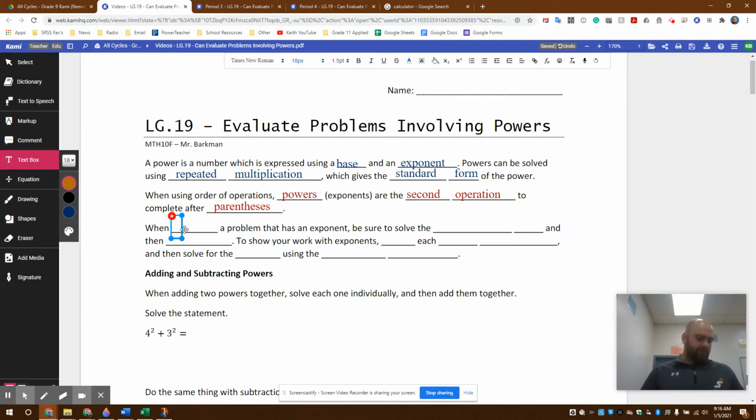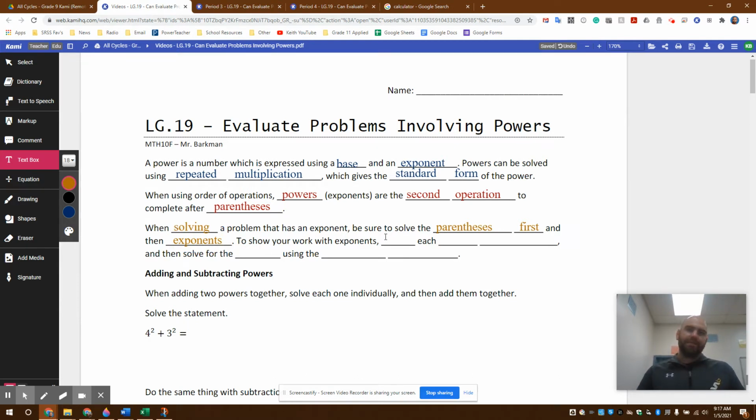When solving a problem that has an exponent in there, we need to make sure that we solve the parentheses first, if there is any. We solve anything in parentheses first, and then we do the exponents.